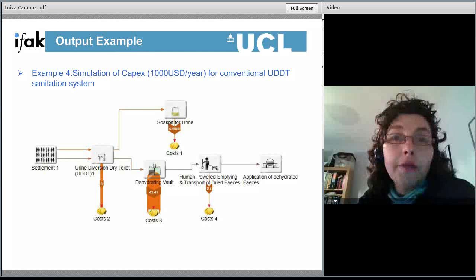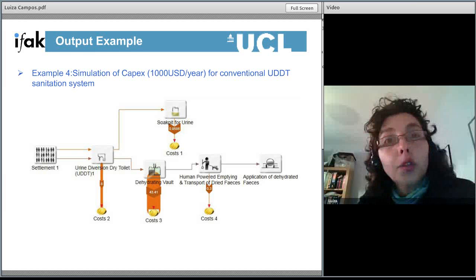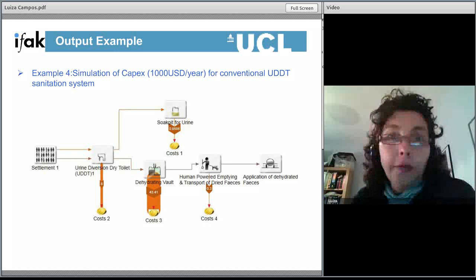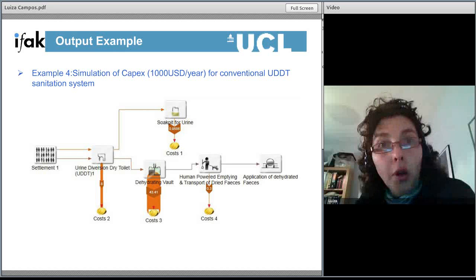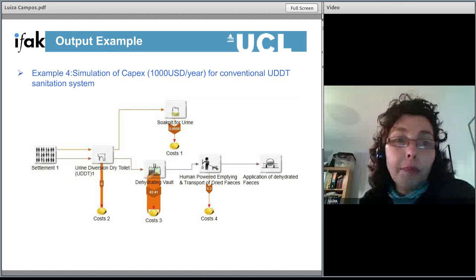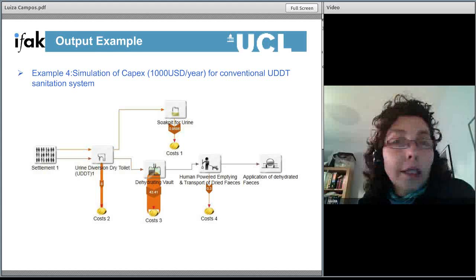But I could have shown what the nitrogen fluxes would be for that case, which I don't remember by heart, what the phosphorus fluxes would be, the waste flow fluxes, and any other output, for example pathogens. If you have E. coli or any helminths, you can simulate and plot them as output as well. Did I answer your questions?